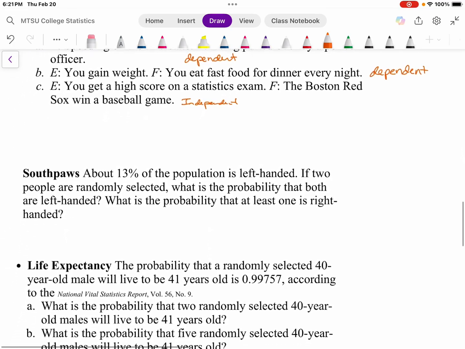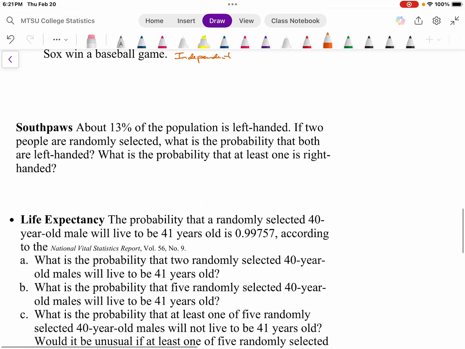All right, so just some more examples of using the multiplication rule. About 13% of the population is left-handed. If two people are randomly selected, what is the probability that both are left-handed? So what's the probability that I do lefty, lefty?